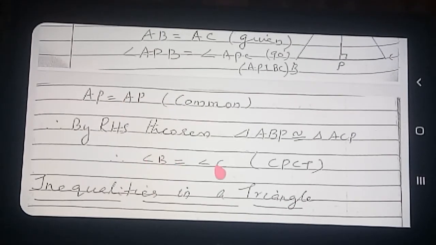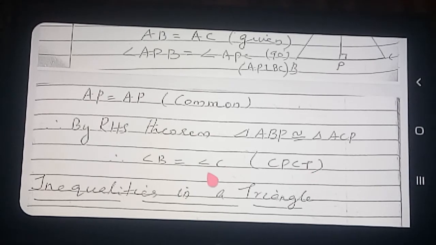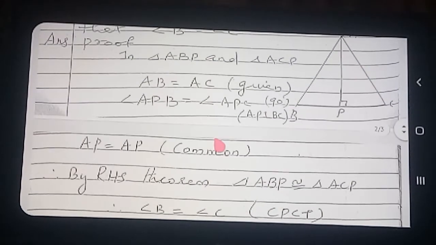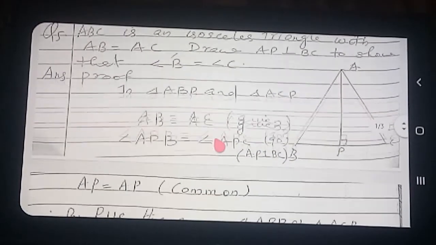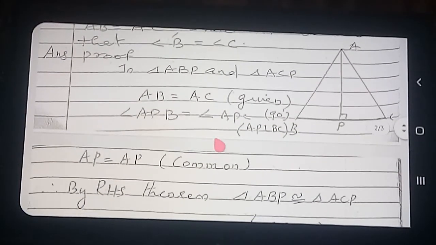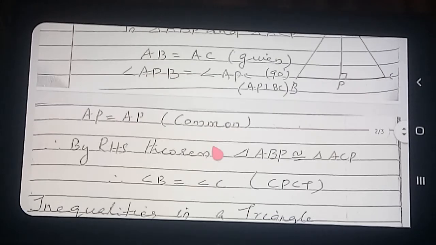Angle B equals angle C. The reason is CPCT. Clear? Very easy sums now. Okay, copy it, this also. Copied?